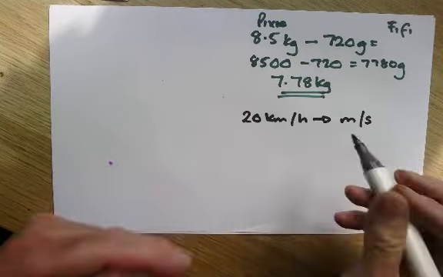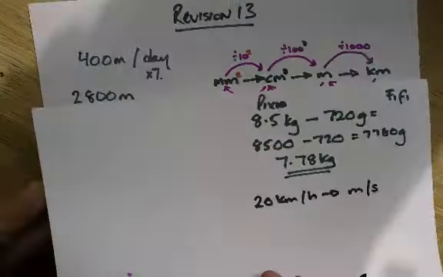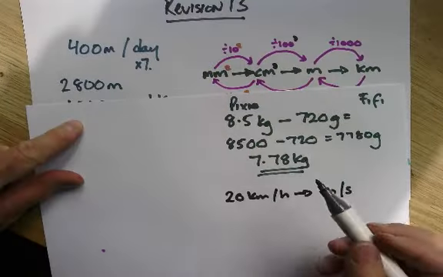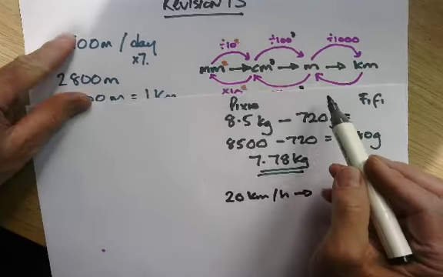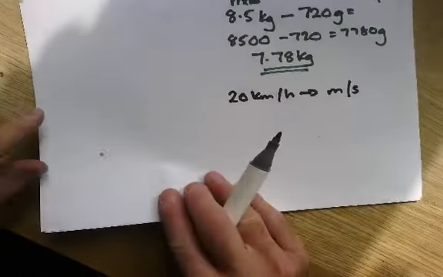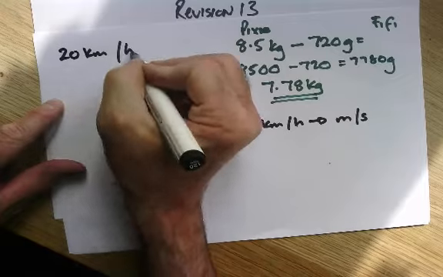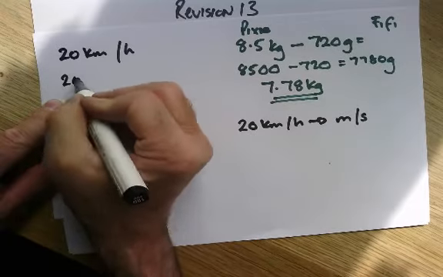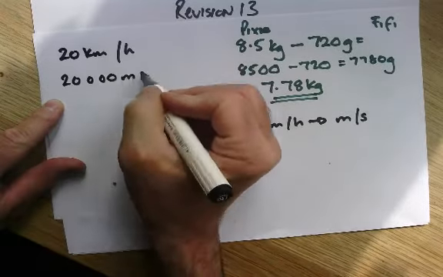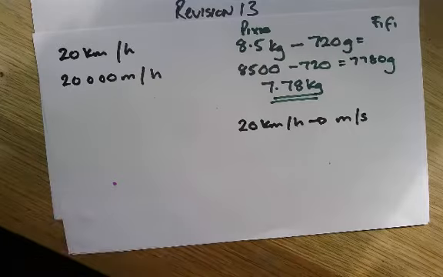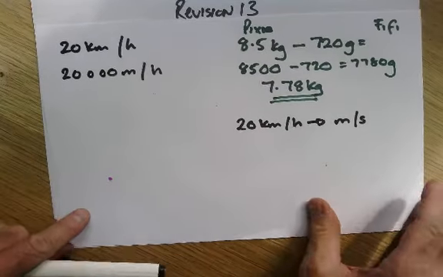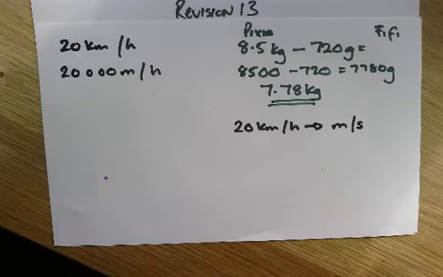I'm going to first convert the kilometers, which does have something to do with it. So I'm going to go from kilometers to meters. So I'm going to times by 1,000. So 20 kilometers per hour, times that by 1,000, chuck 3 noughts in. So 20 kilometers per hour is 20,000 meters per hour.